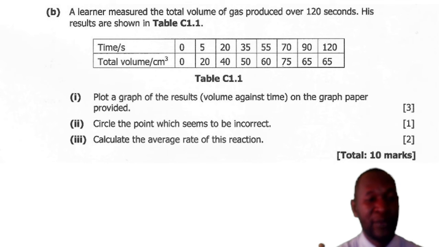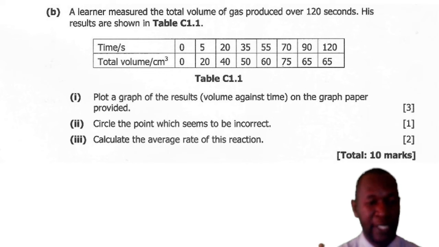Part B. Elena measured the total volume of gas produced over 120 seconds. His results are shown in table C1.1. Part 1. Plot a graph of the results, volume against time, on the graph paper provided. Part 2. Circle the point which seems to be incorrect.